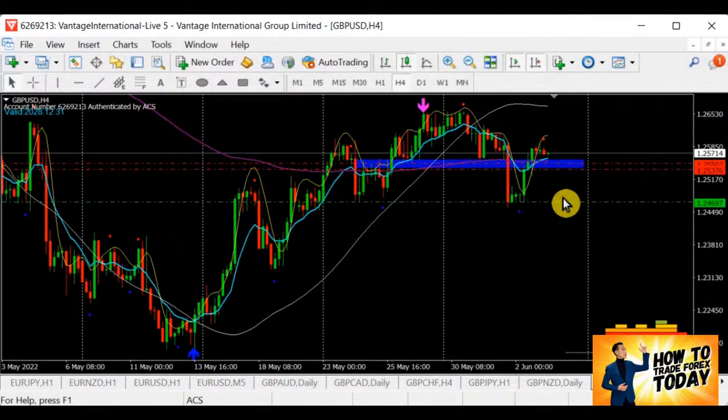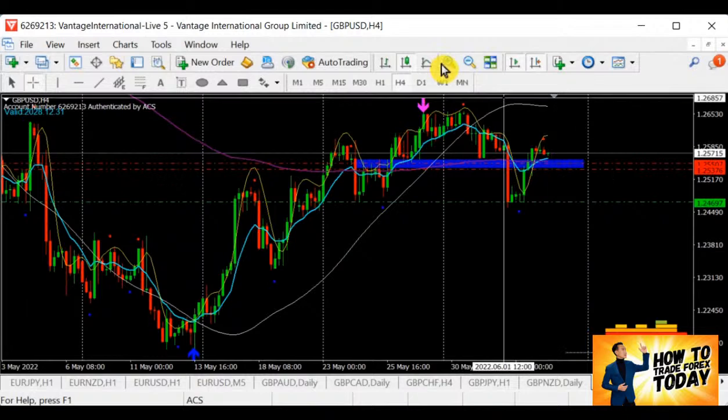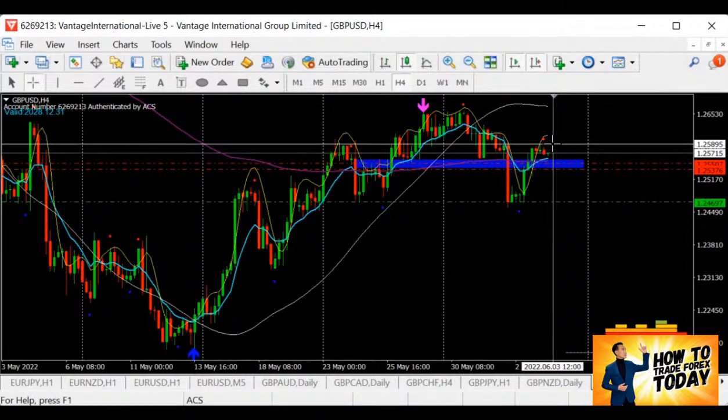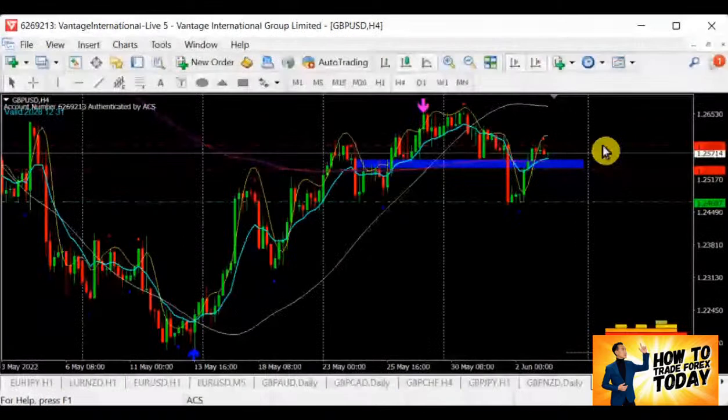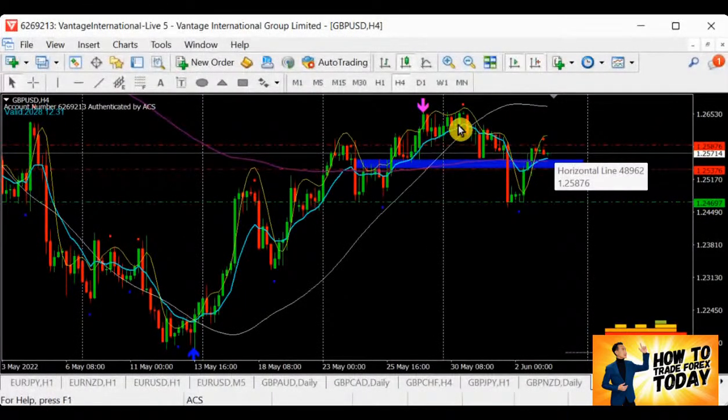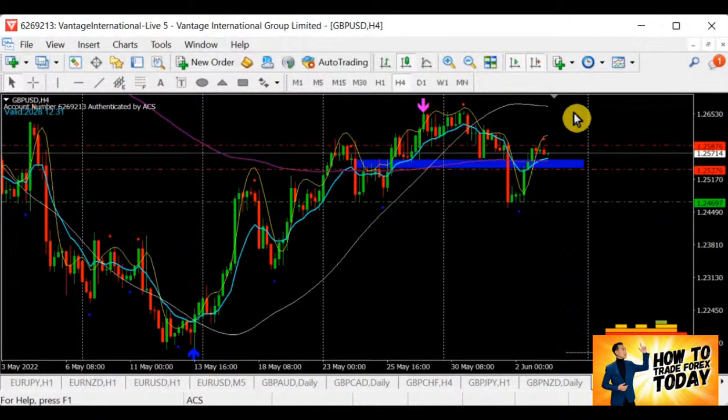Although we have one resistance here that has been tested once and started to reject, it's now going to go back and retest the resistance. We are about 19 pips away from retesting. After it retests, it may break and go into the bull, continuing the bull run. This is something we need to pay attention to, so be very careful.